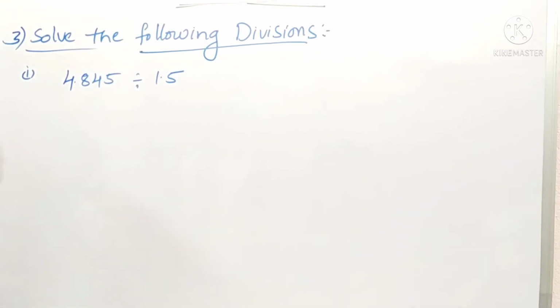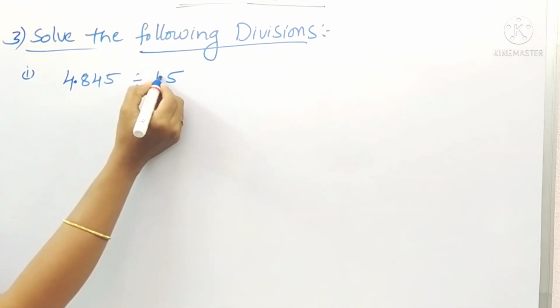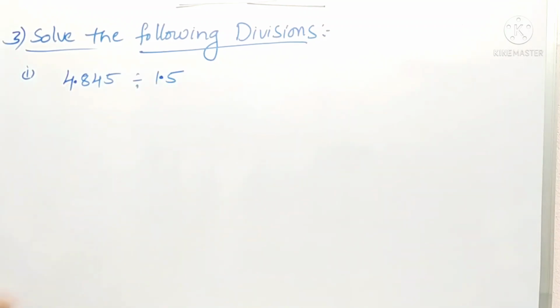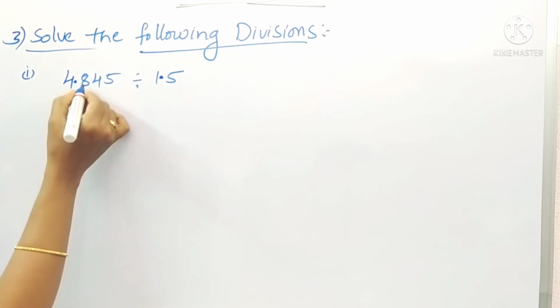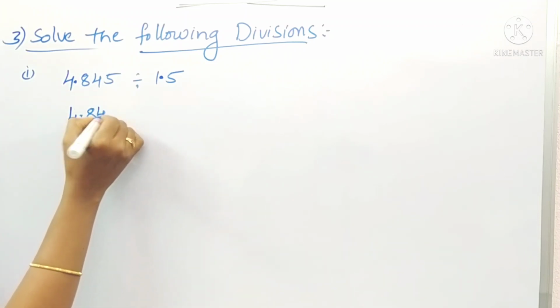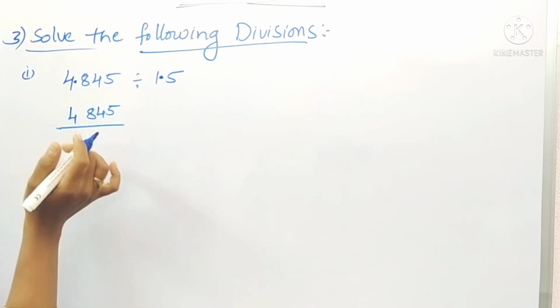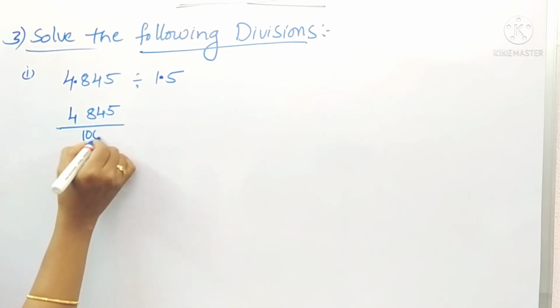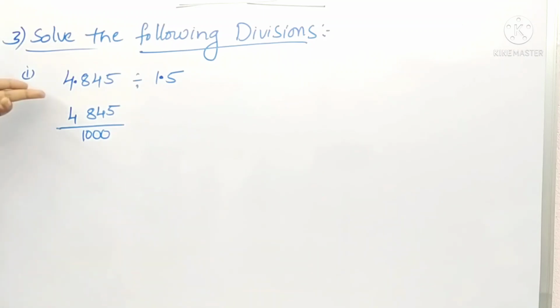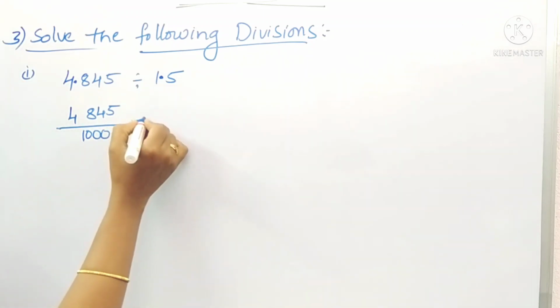4.845 divided by 1.5. So now here I am writing directly. Here 3 digits are there after the decimal point, right? So I am writing 4845 by 1000, that is equal to 4.845.